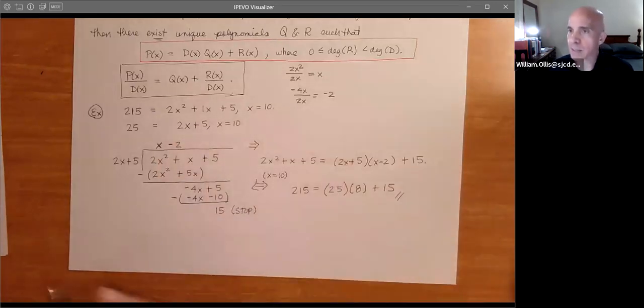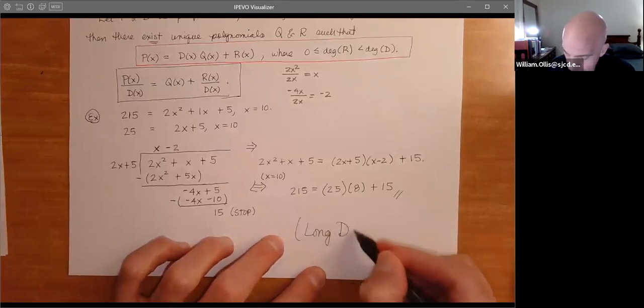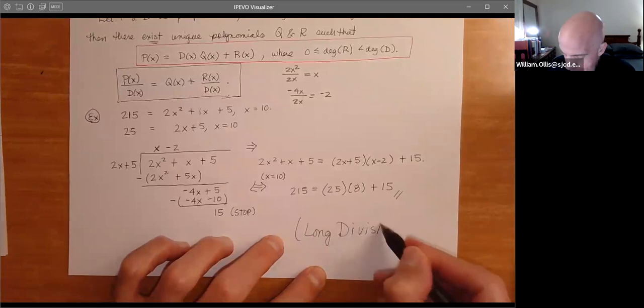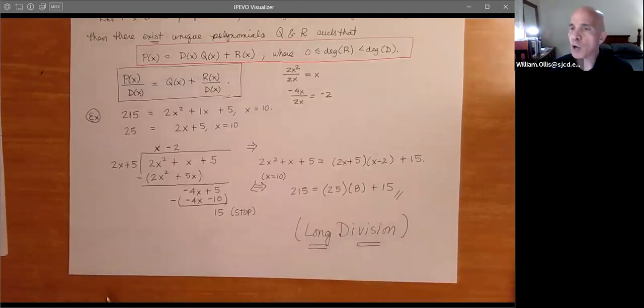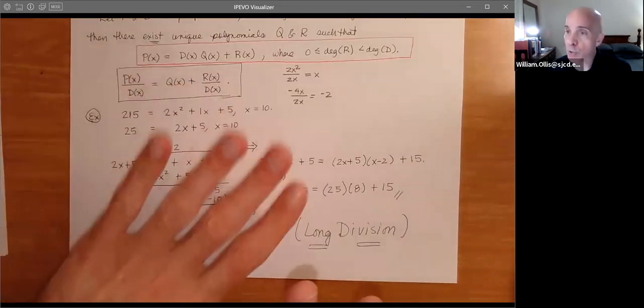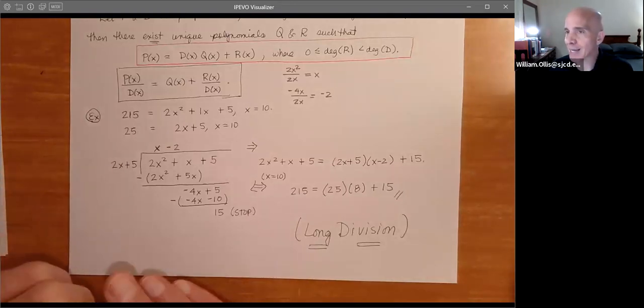So this makes sense. This is called long division. So when it comes to polynomials, we can divide them just like we divide integers, like you're in a number theory class. There are some instances when we can circumvent this procedure if the divisor is very simple, like an x minus c.